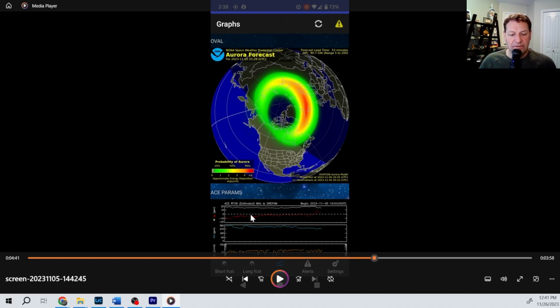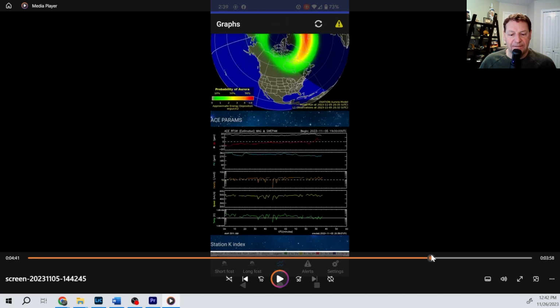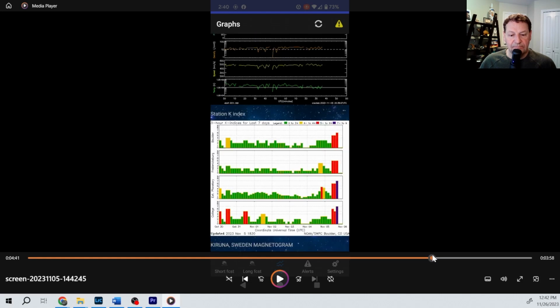And then down here is basically the data from the satellite again. So you don't really need to look at it. This is straight off the NOAA's website, where it's not formatted as nicely. Below that is the history of the KP values.